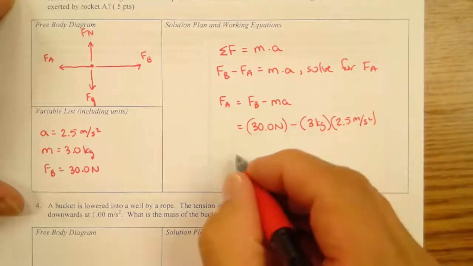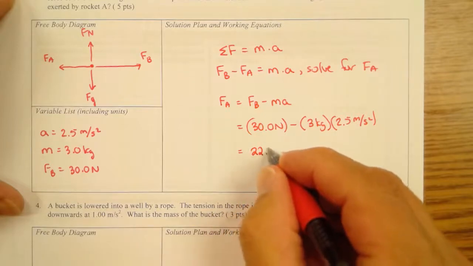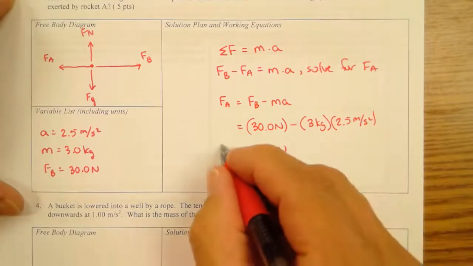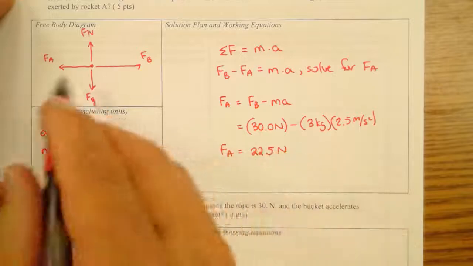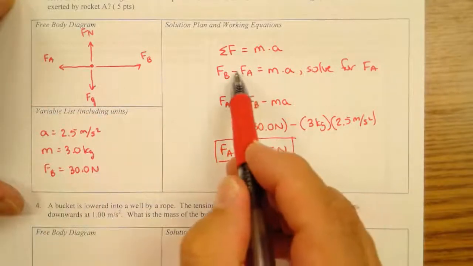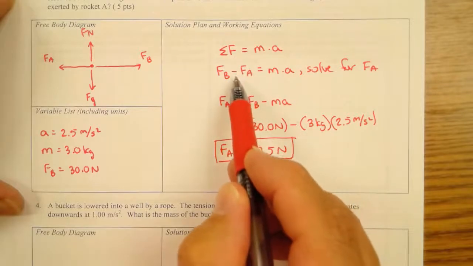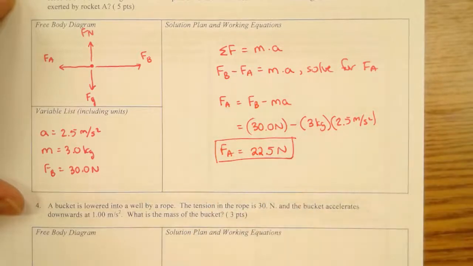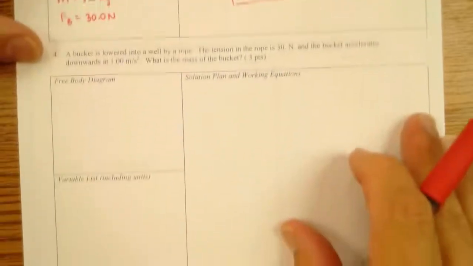This is 7.5. 30 minus 7.5 is 22.5 newtons. That's the force that A exerts to the left. And we know it's to the left because we set up our diagram that way, and we said it was to the left in this expression right here because we said minus. So there's that problem.